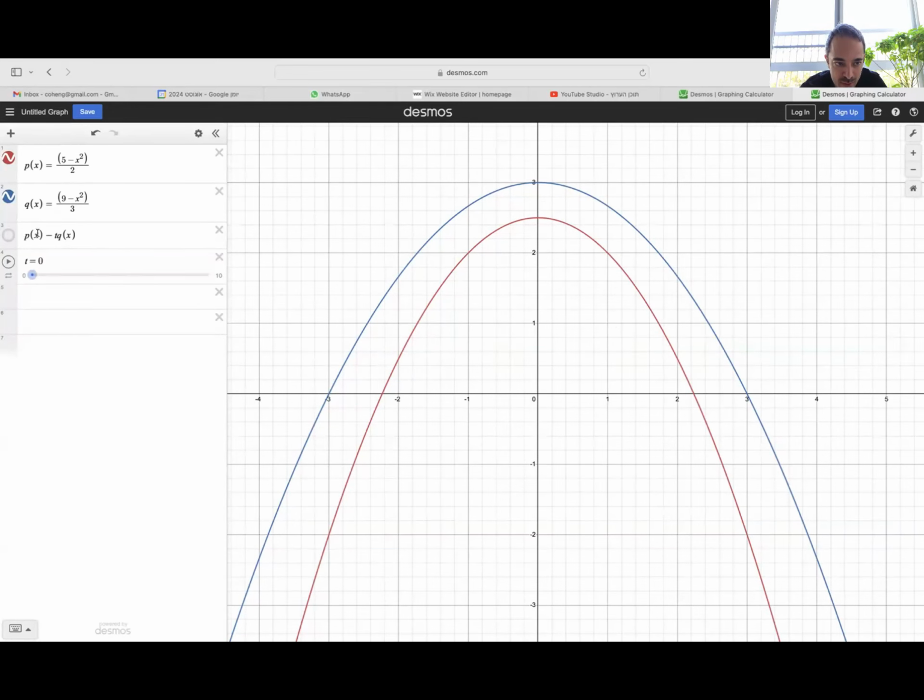And this is P minus TQ, so let me draw it. You see, initially it lies on P because t is set to 0, and it has two roots, exactly where they are right now. As t increases, you see, the two roots are getting closer and closer to each other. As t grows, the roots are going to come closer and closer to the roots of Q, because TQ is what matters. So initially, you start with having two roots.